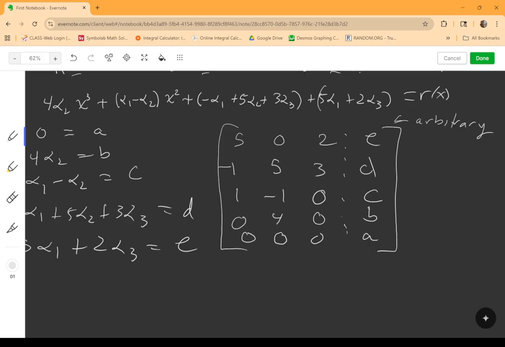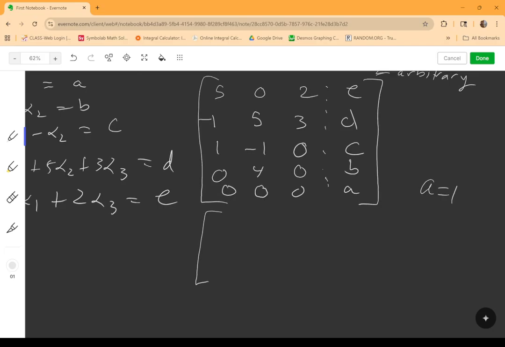So let's say A is 1. Remember, it needs to be consistent for any value. If you can find a value that is not consistent, then you are done, you don't need to go any further. It will not span the set.